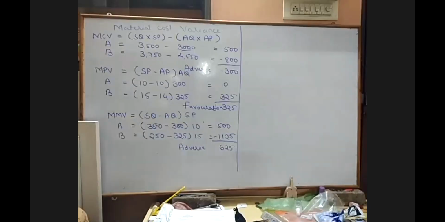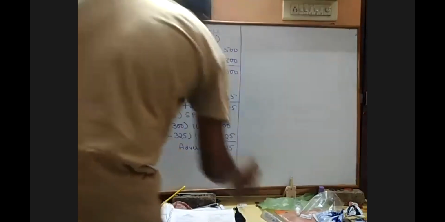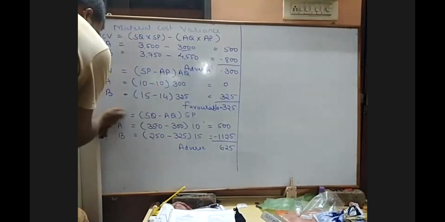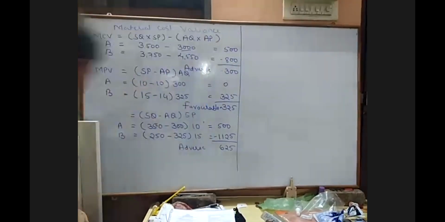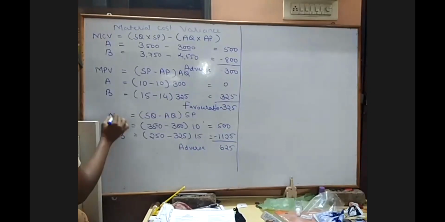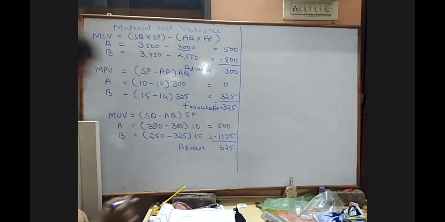Now, let us see how to do it. In case of revised standard quantity, RSQ is to be calculated by using the following formula. Sorry, this material mix variance, you just take it as material usage variance.